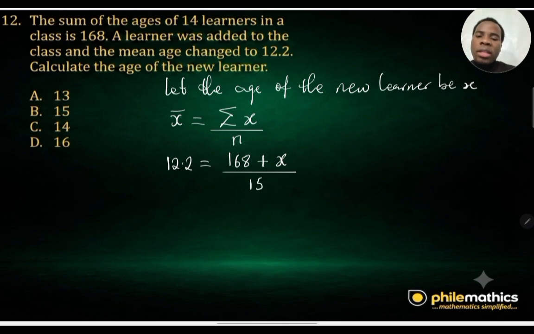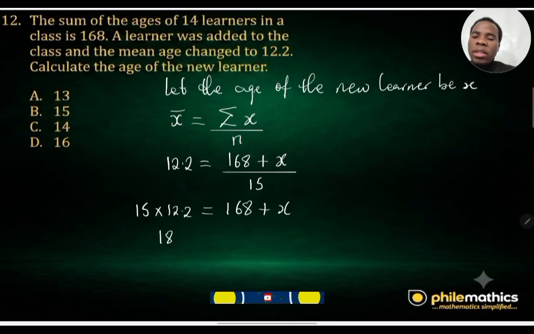Now we are simply looking for X. We cross multiply, we have 15 times 12.2 equals 168 plus X. 15 times 12.2 is 183.